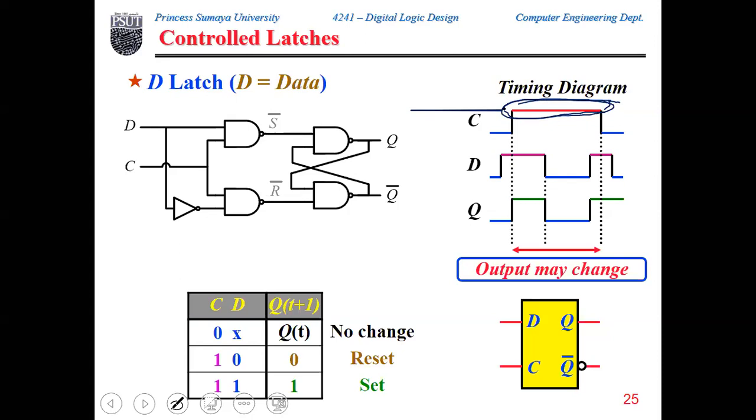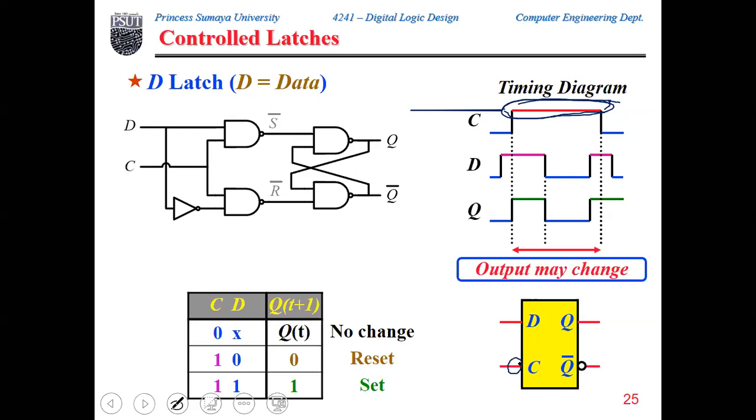Now, in some cases, the latch might be designed such that it is enabled when the clock is 0, and we say the latch is negative pulse triggered or low level triggered. In that case, you will find a bubble on the clock.